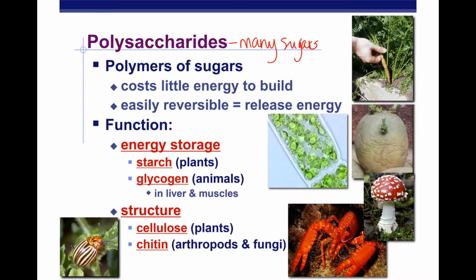Now, if we're using it for structural purposes, then in plants, the most common polysaccharide is going to be cellulose, but in animals, it just depends on the type of organism. So arthropods, think crustaceans like lobster and shrimp and crab and stuff like that, or fungi, they're going to use a type of polysaccharide in a structural way, and that polysaccharide is called chitin.